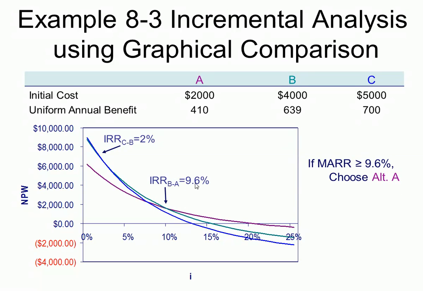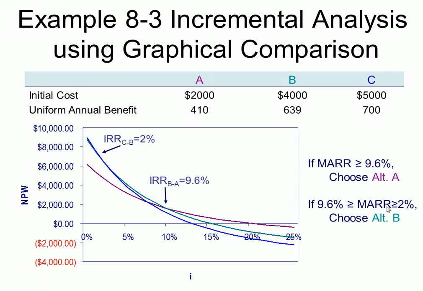The 9.6 that we would get from investing additional money into B is lower than the minimum attractive rate of return, so we could just invest it in something else that would give us the minimum attractive rate of return. Therefore, we're going to choose A here.